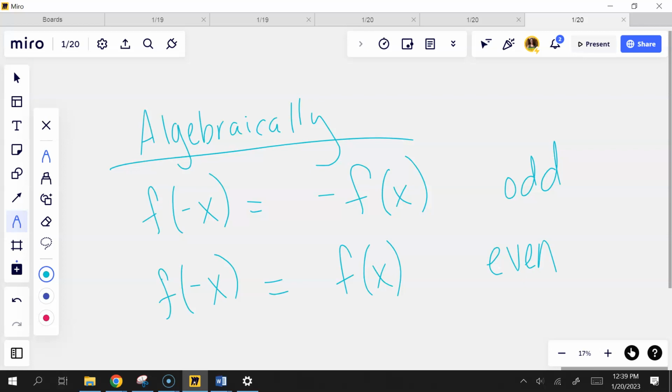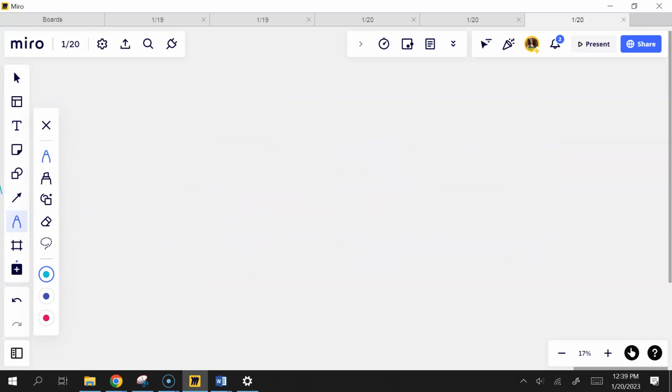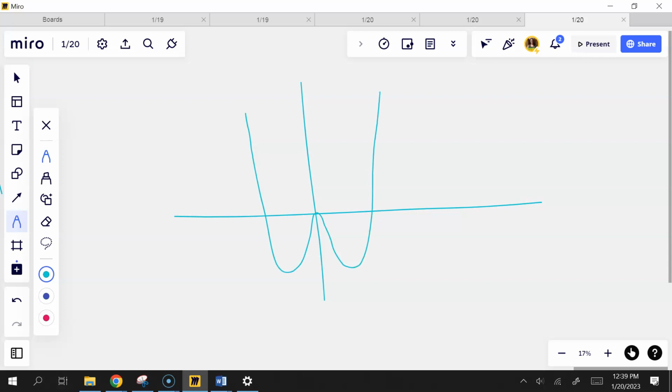All right, let's look at some examples. We'll look graphically and then we'll look algebraically. See how easy this is, and you've really done it. Look at number one. Number one looks like this. Reflection. So what does it ask us to do? Symmetrical to the x-axis, y-axis, and or origin.